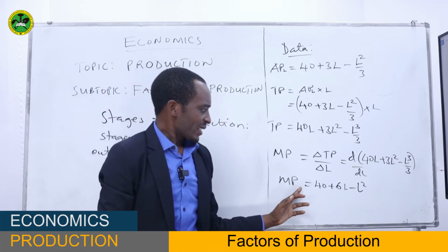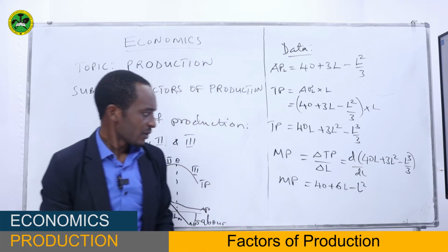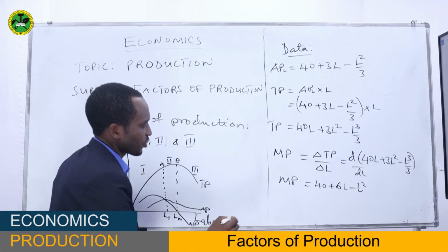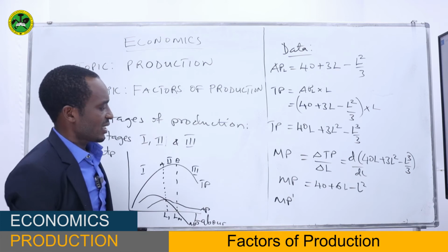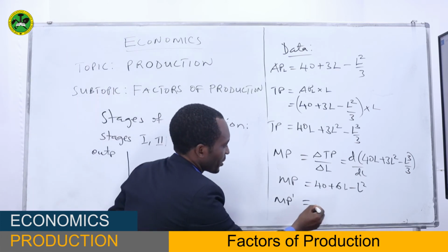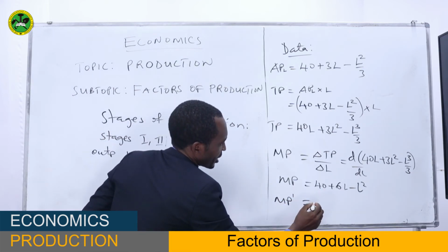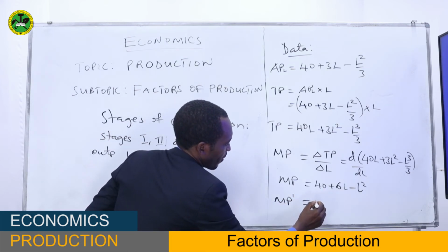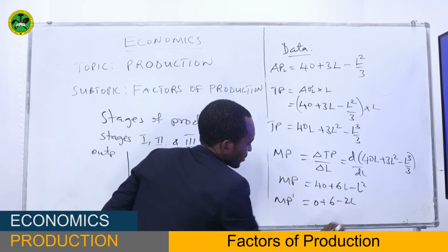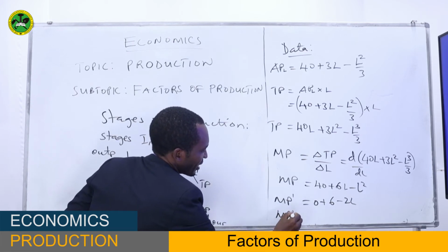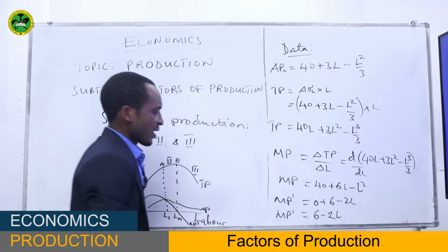Now, when this is at a maximum, you need to find the second derivative of the marginal product. So you differentiate again: the constant will be equal to 0, then plus 6 minus 2L. So the second derivative will be equal to 6 minus 2L.